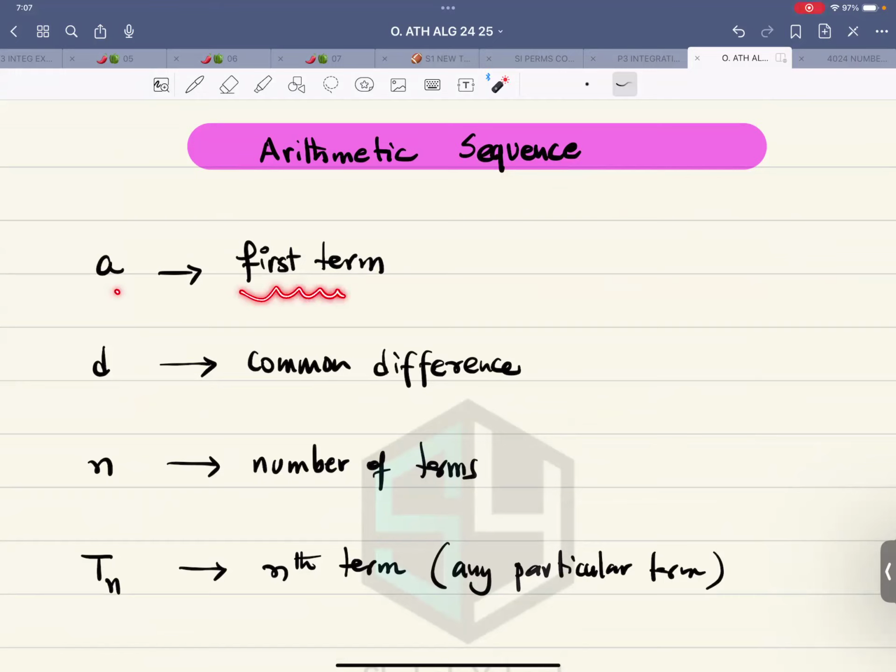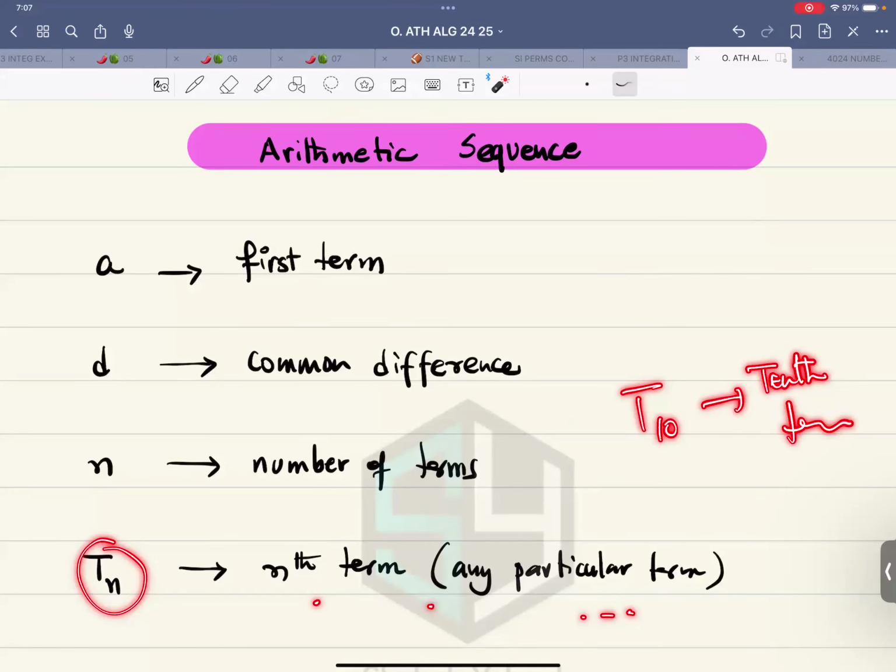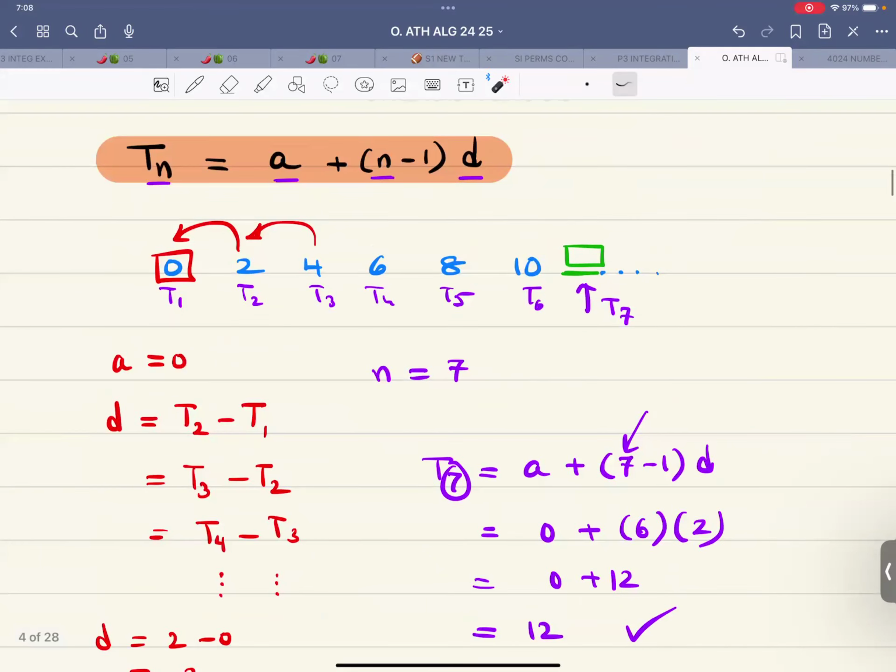A is denoted as the first term, D is the common difference, N is the number of terms, Tn is the nth term, any particular term. That means T10 means 10th term, and so on. The first basic usage was this formula, that is the term formula. So let me write over here, this is the term formula.